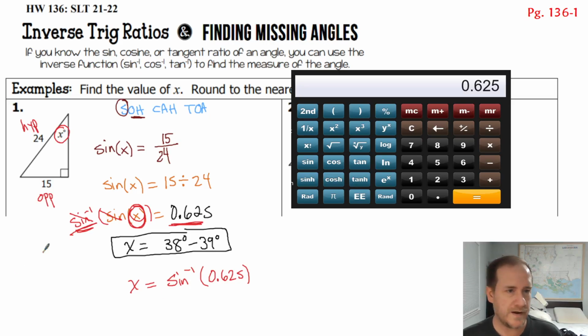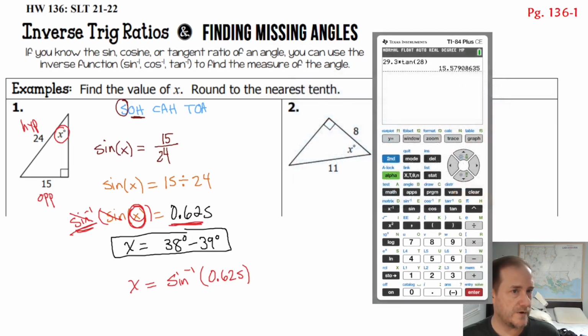And on the fancy calculator, we can type this in exactly the way it looks. To get to inverse sine, you hit the blue second button. You go second sine, and then you get sine with a little -1 on it. You can type in the decimal 0.625, or you can just type in the division problem, 15 over 24.